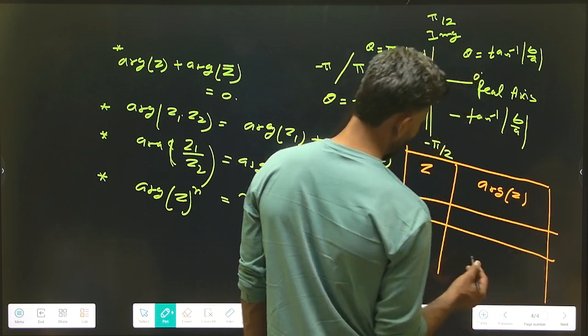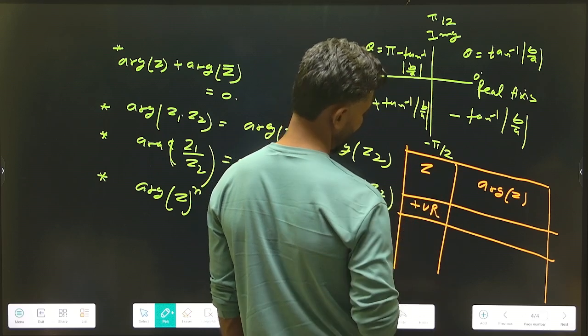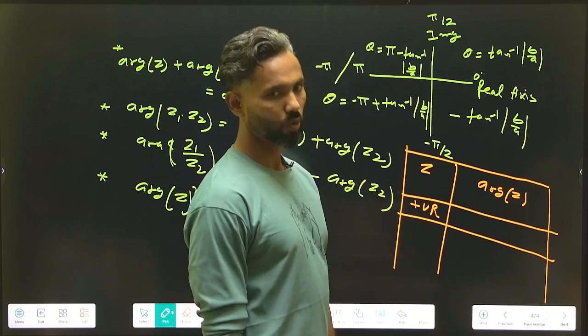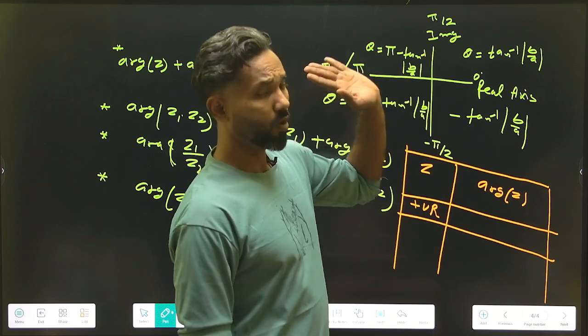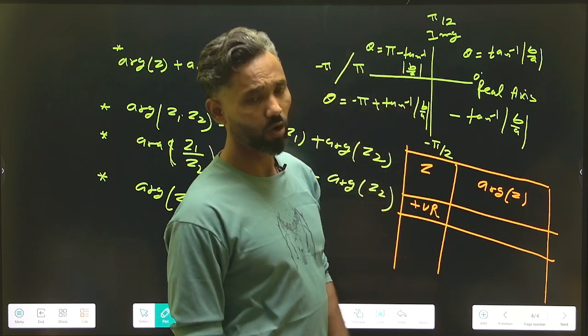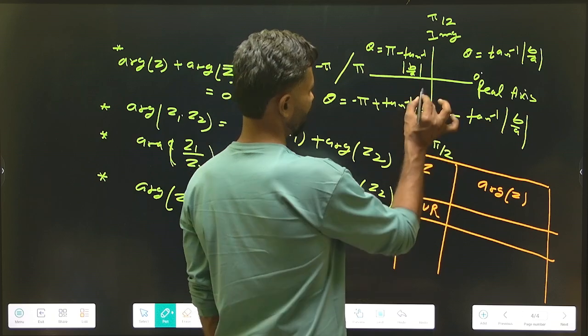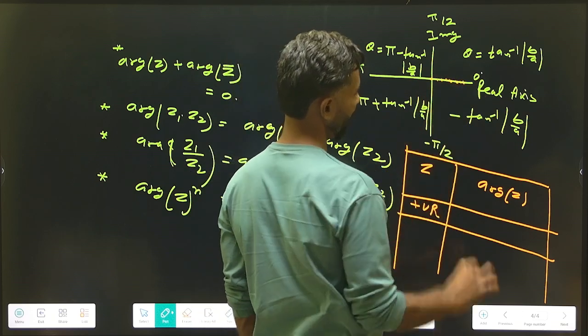Suppose a complex number is positive and it is real. Now you tell me, these are the quadrants, on which line are you going to represent the positive real numbers? You can say that this is the origin and the positive real numbers will be represented on this particular line.